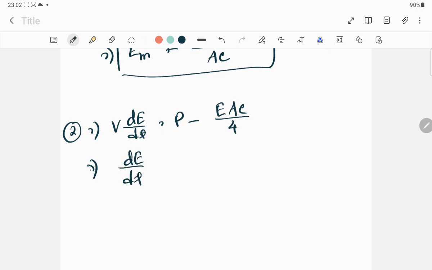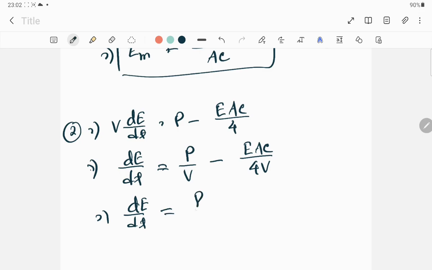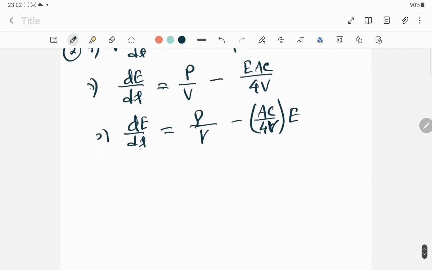We will divide both sides by V, so it will be P/V minus EAC/4V. Finally we have dE/dt equal to P/V minus (AC/4V) into E.